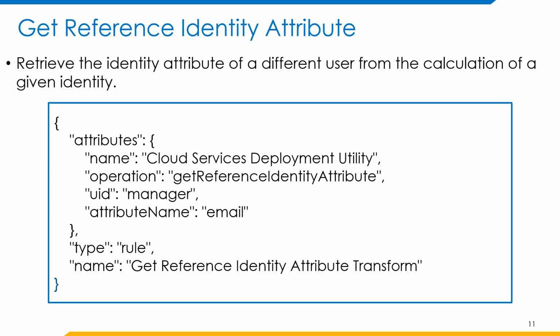Additionally, you need to set the operation to get reference identity attribute and take a UID attribute, which correlates the identity whose email gets matched. At the end, we have taken the type as rule and name as get reference identity attribute transform.